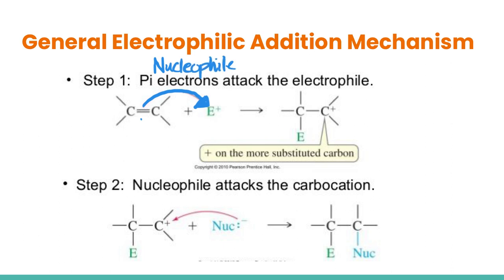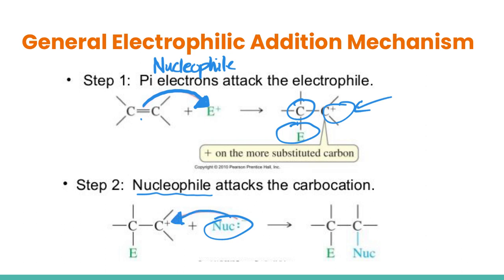And so that's going to create a carbon-electrophile single bond, and it's going to leave a positively charged carbocation ion left over. Now, the positive charge is going to go on the more substituted carbon, and we'll see an example of that in one of the mechanisms we show in a minute. Once we've done that, the nucleophile is then going to come in and attack the carbocation.